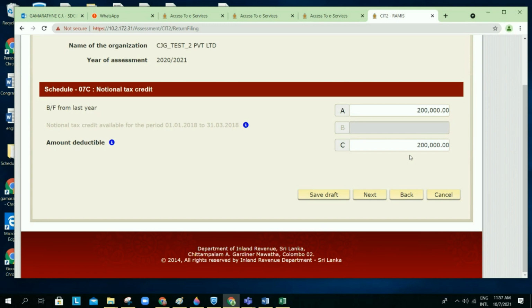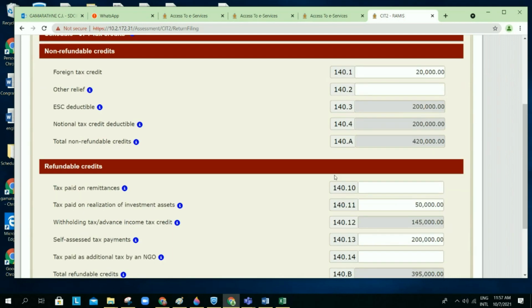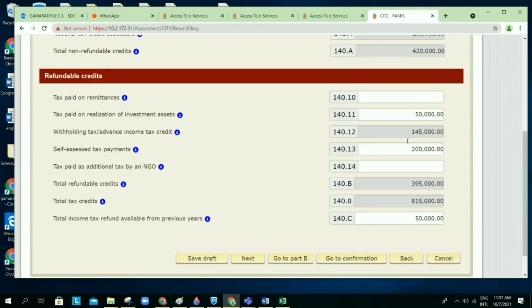Now I will move to the main schedule, schedule 7, and show you how to calculate the total tax credit.